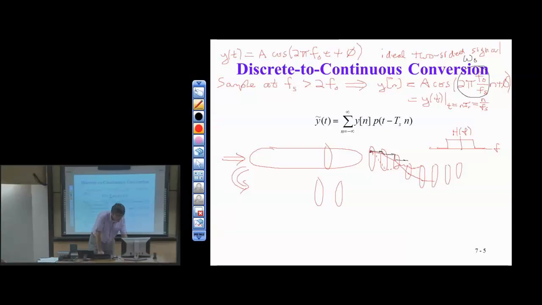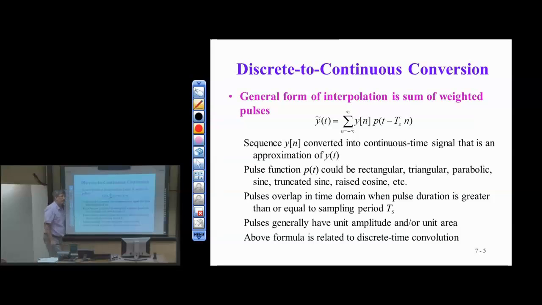All right, so let's talk about the general form of discrete time to continuous time conversion, and it should look familiar. What's your guess? What kind of operation is this? Yeah, it's an impulse. It's a pulse train. Convolution, so underlying all of this is a basic signal processing operation.